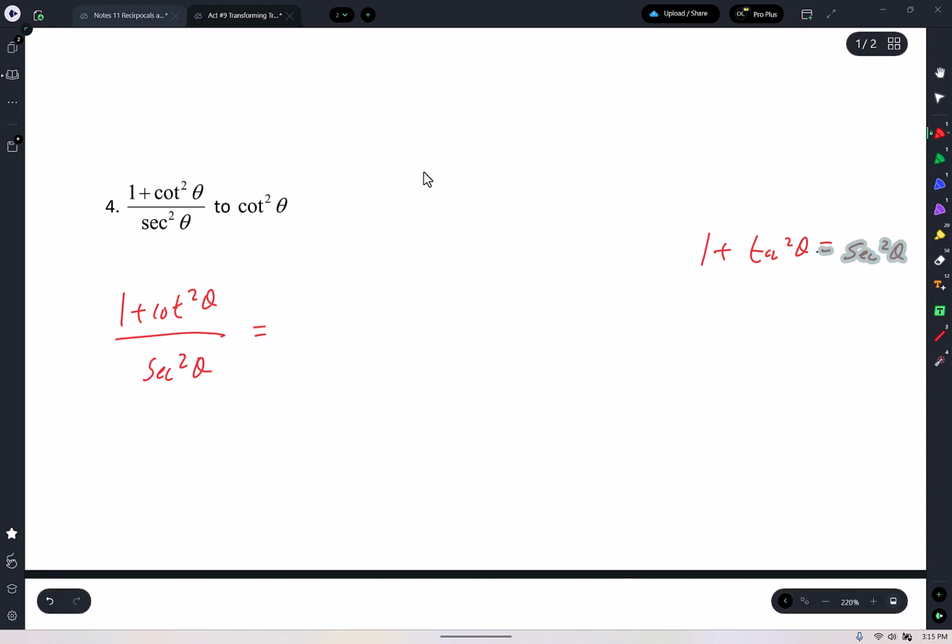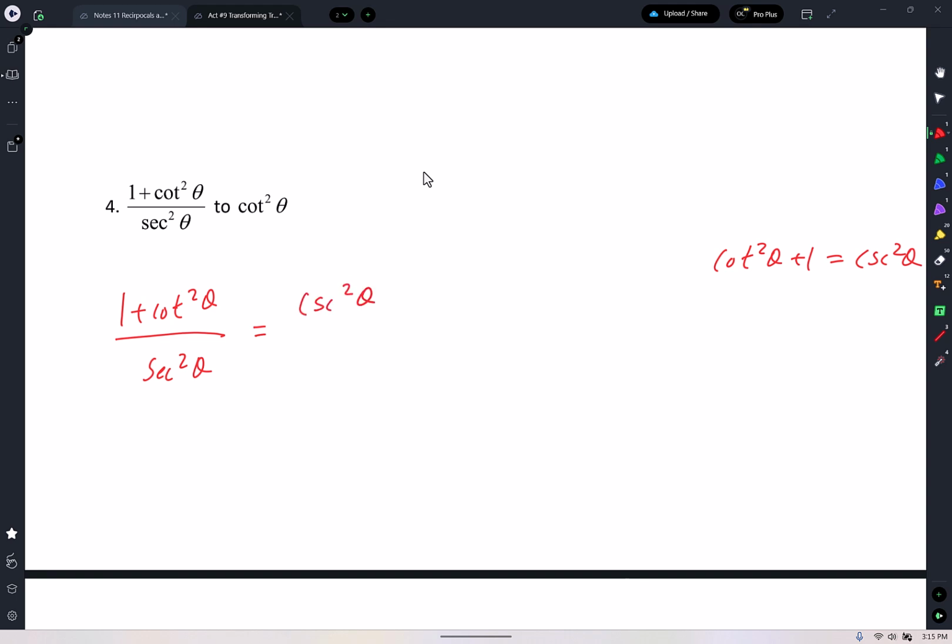Okay, so you're gonna write cotangent squared theta plus 1 equals. What do I do with that? You're gonna plug that into your numerator, so it's gonna be cosecant squared theta over secant squared theta.